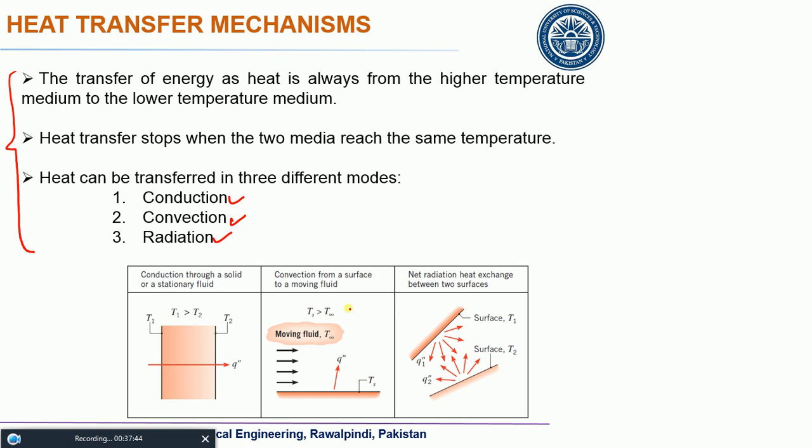Now each of those examples are there. In case of conduction, you have heat transfer within one medium. That conduction would be most dominant in case of solids. Let's say if you keep one side of the solid at a temperature T1 and the other side of the solid at a temperature T2, there would be a conduction.